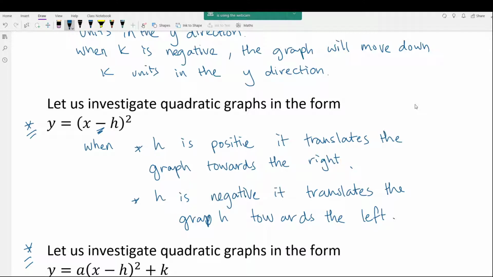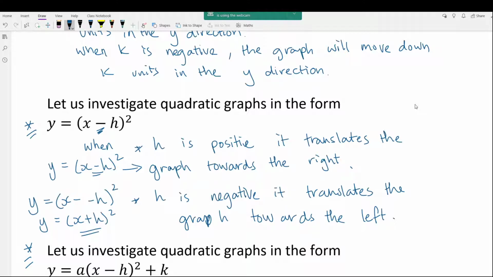When h is positive, we get y equals (x minus h) squared, and with the minus h, we know that it goes towards the right. Now when h is negative, y equals (x minus h) squared becomes y equals (x plus h) squared, and in this form the graph moves towards the left.